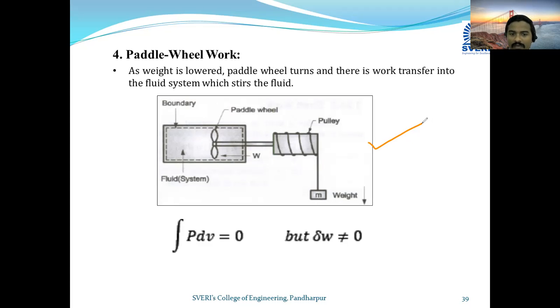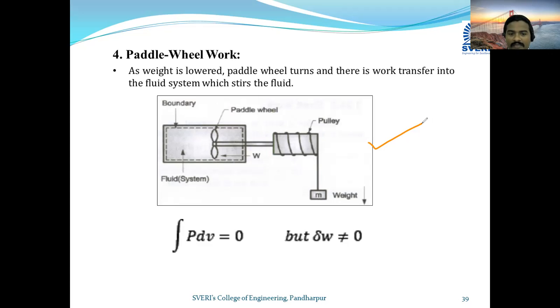Yes, sir. Work is done on the system by using paddle wheel, but in this case volume does not change. Volume will remain constant. Whether volume is changing? No. If volume is not changing, means what can we say?